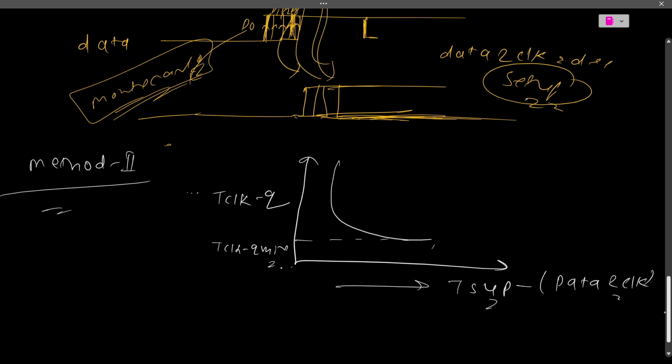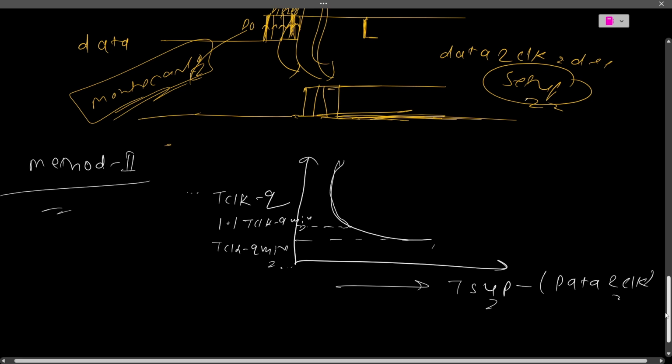As we are reducing this data to clock, at that time this is 1.1, meaning 10% of the T clock to Q minimum. Okay, so from here you can see this clock to Q will increase.